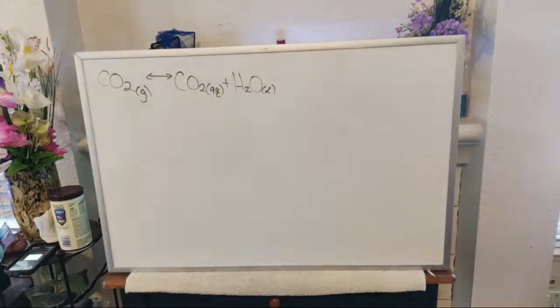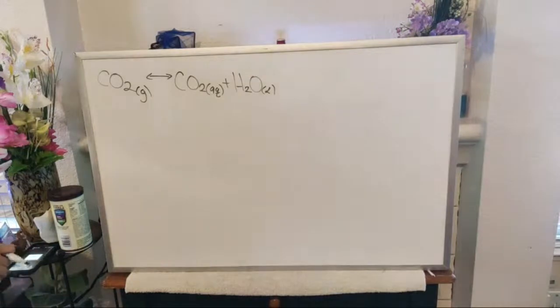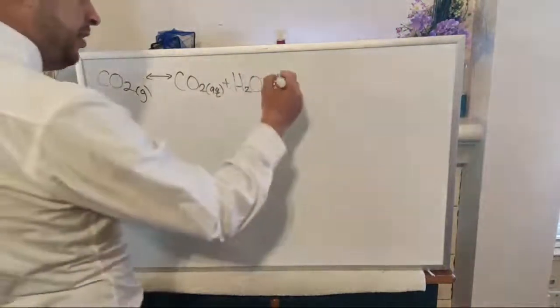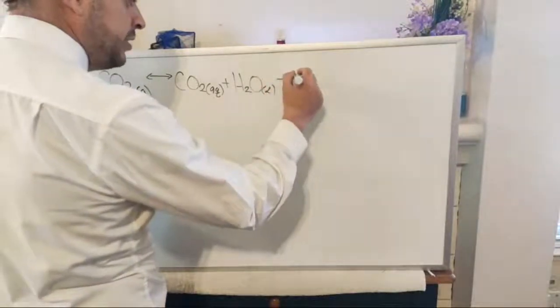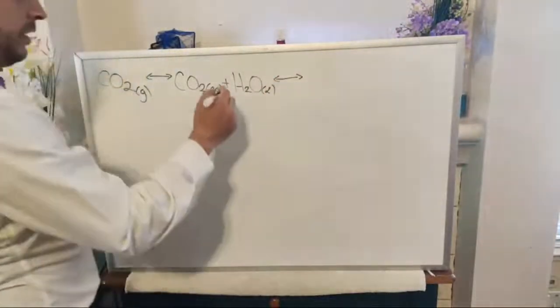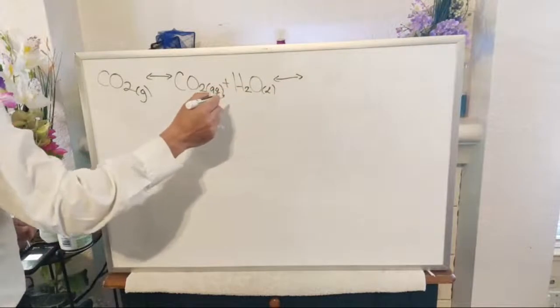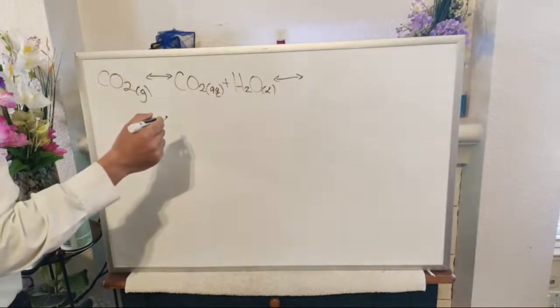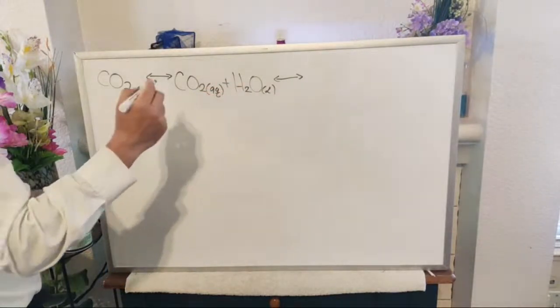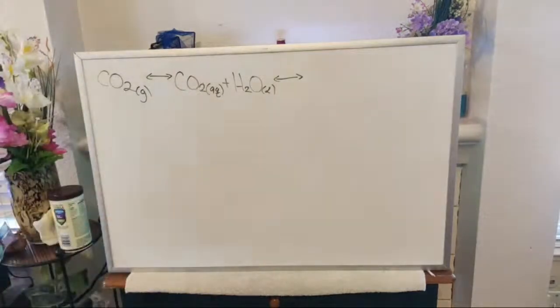Let me see how that looks on the camera. Good enough. H2O liquid, right? And then that forms a reaction. You're going to get, hold on, let me step back.